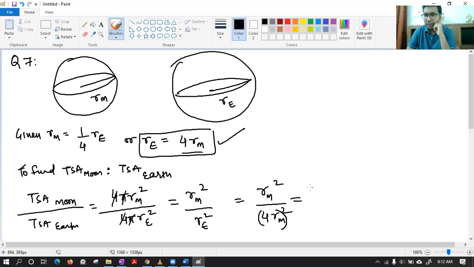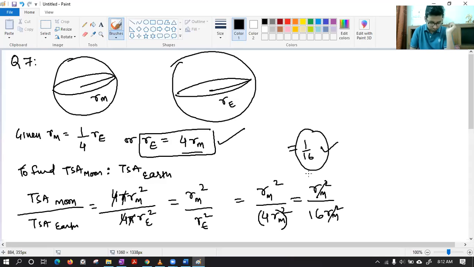So we should do like this: Rm square upon 16 Rm square. Now these two will cancel each other and the answer will be 1 upon 16. The ratio of their radius was 1:4 and this became 1:16, the surface area, that is again 4 times.